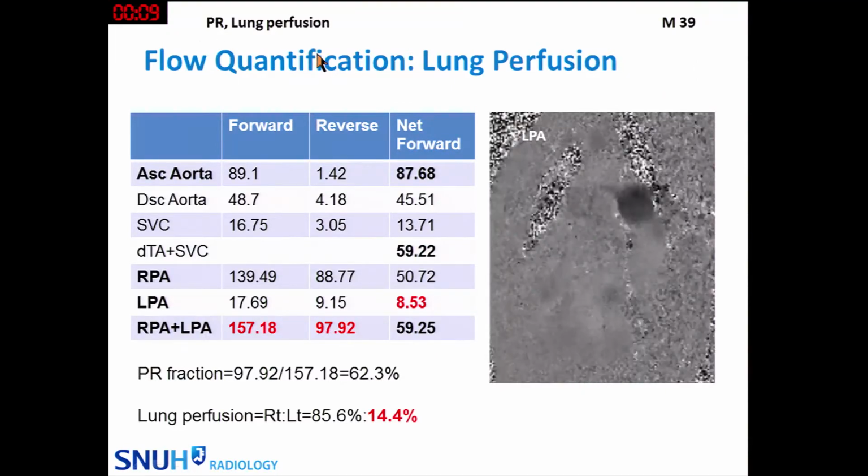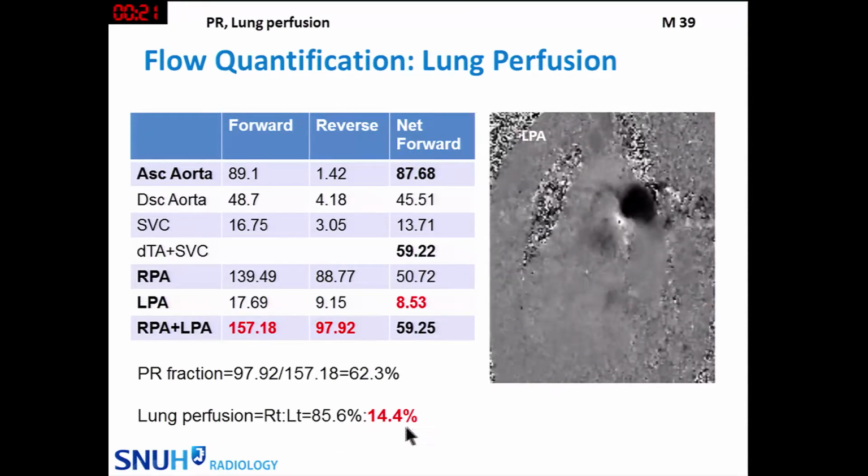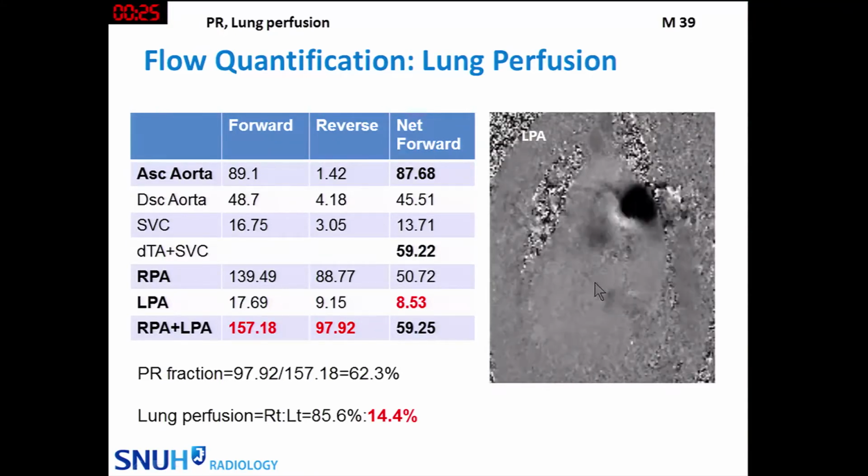With this flow quantification, we can see the pulmonary regurgitation fraction, 62%, and the lung perfusion ratio between right and left lung, that's 85 to 15. So we don't need a lung perfusion scan to see the left to right perfusion ratio.